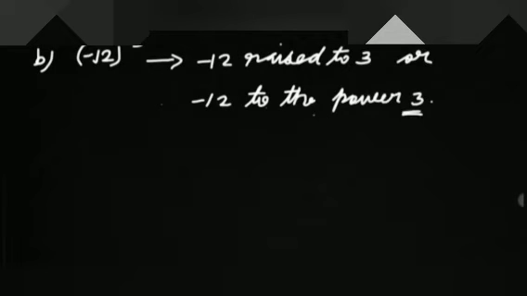Good. Now, write down question number C. See, the question is 31 is the base and 8 is the power. How can we read this? Yes, very good. 31 raised to 8, isn't it?